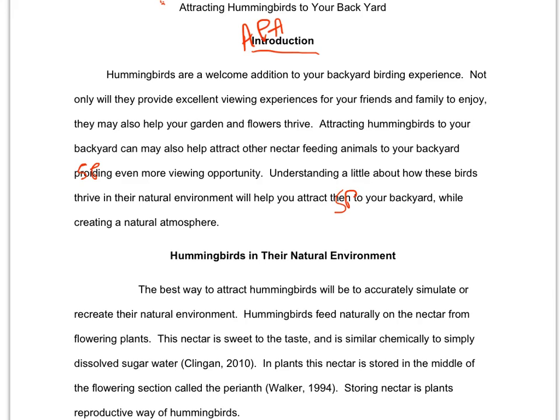You shouldn't say, this paper will cover why we should attract hummingbirds to the backyard. We want to try to write in a style similar to what we read on a regular basis. And what I've done here is provide you guys a really good basis for how to introduce a paper without ever mentioning I, we, us, or in this paper. Those are kind of the 4 things you really want to try to avoid.